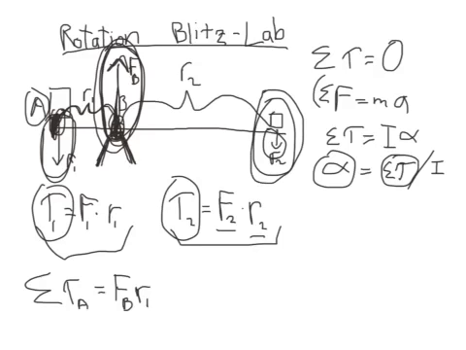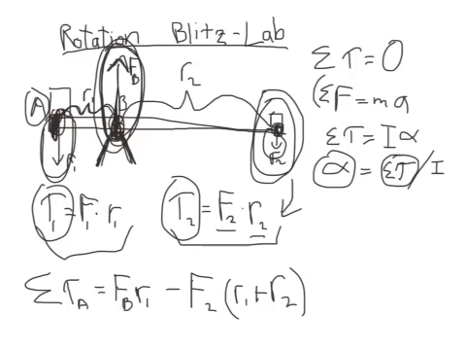So since this one is trying to rotate clockwise around point A, we have to call it negative. So we're going to subtract the torque, which is F2 times the moment arm, which now becomes the distance from F2 here all the way to point A, which is the distance R1 plus R2.